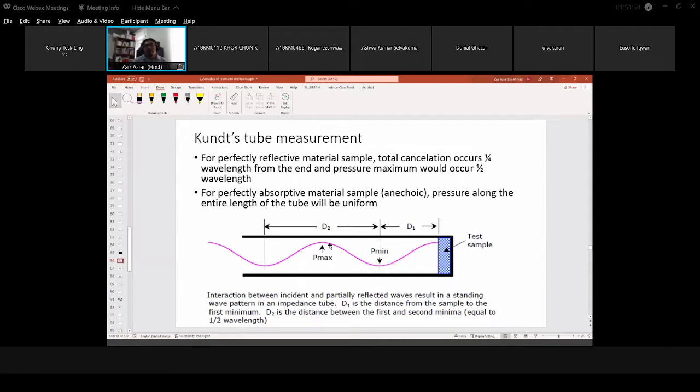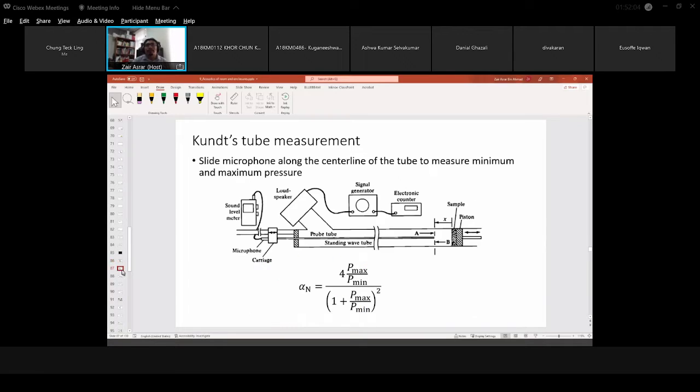Okay, so by knowing this minimum and maximum region, we can calculate the absorption coefficient of this test material. Okay, so the absorption coefficient is given by this equation.